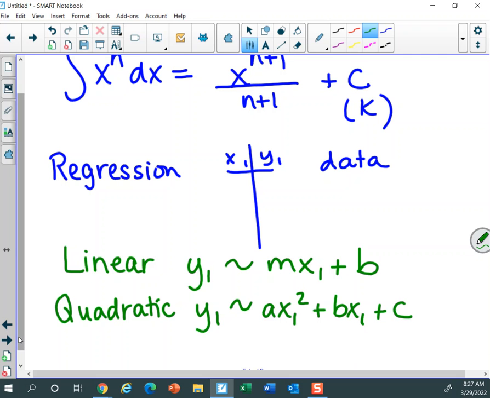Okay, so on the lab, the regression part: do regression on benefit data and get a marginal benefit model, excuse me, and then take the antiderivative to get the benefit model.